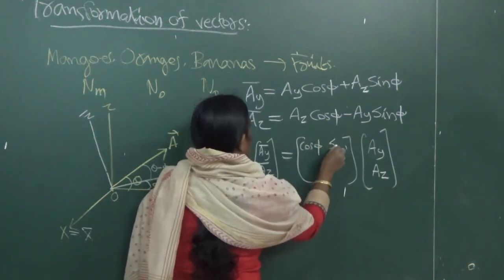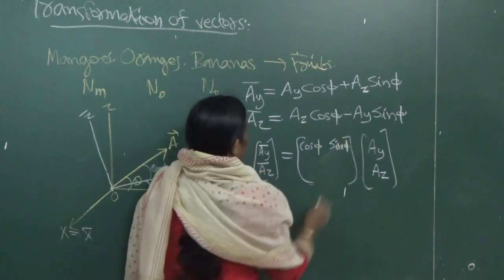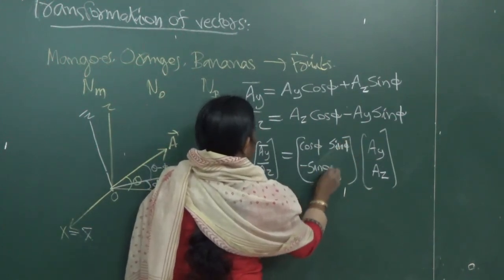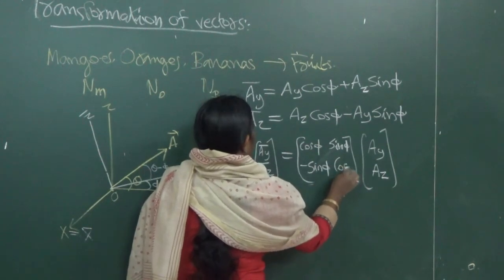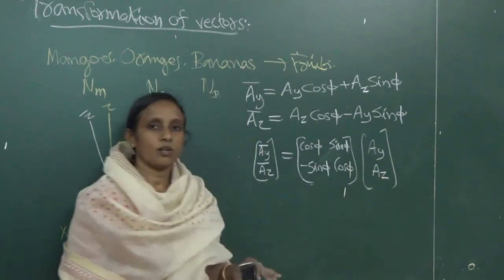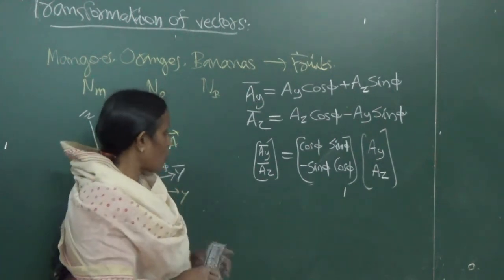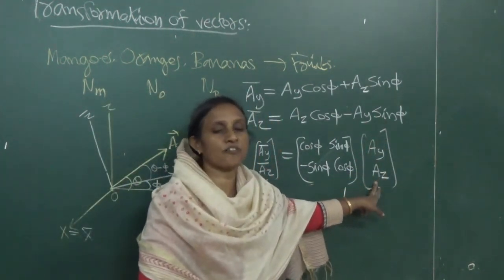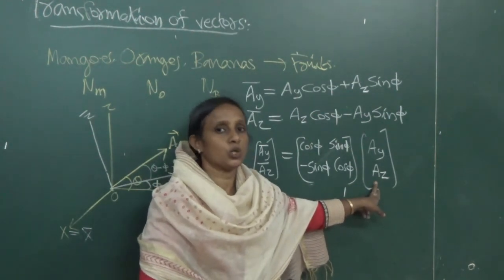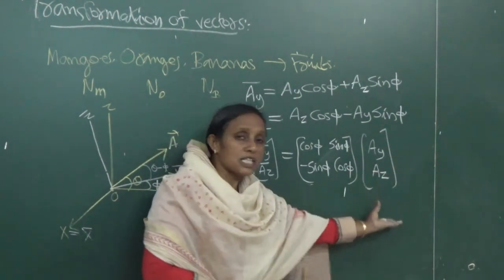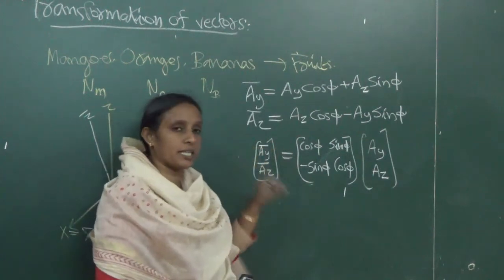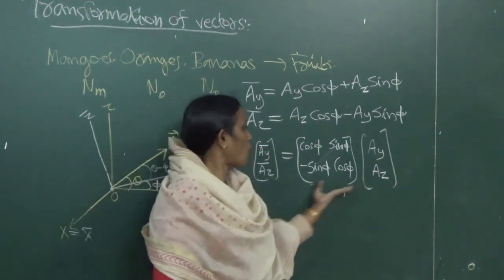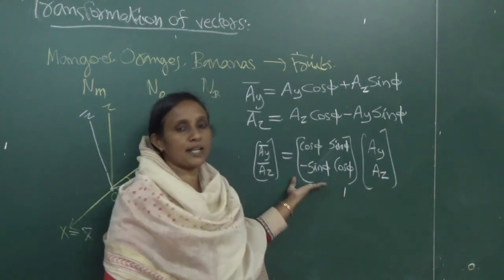Cos phi, sin phi, then minus sin phi, cos phi. So the vector in the xyz reference frame, or xyz coordinate system, is transformed into the new coordinate system, ay bar, az bar, through this operation, through this transformation.